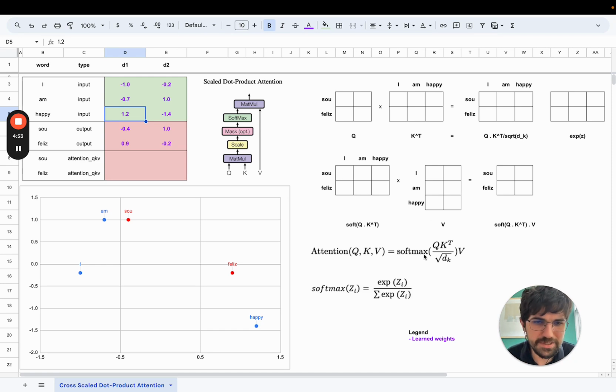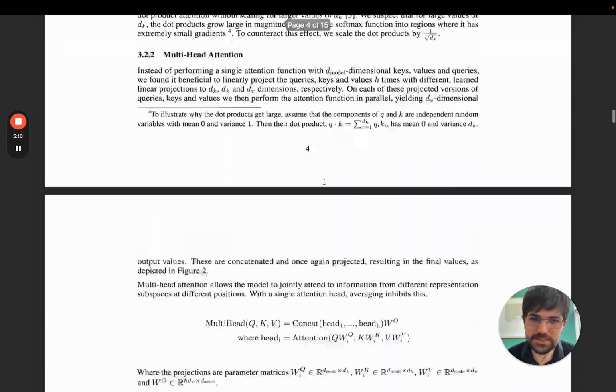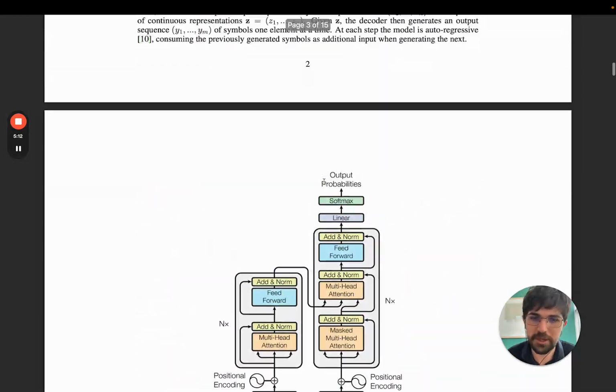We have this softmax of those two terms, and then it will be multiplied by this value. But here we need to know what will be the query, key, and value. I noticed this wasn't clear in the paper.